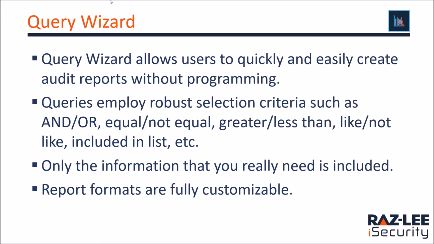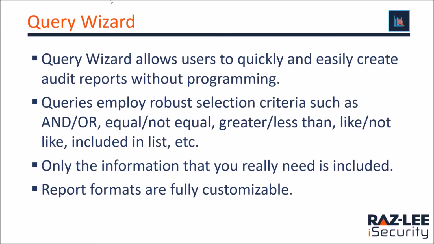And there is a tool inside the Audit called Query Wizard. Okay, Query Wizard is a tool to make the reports. The advantage is that you don't have to do any coding, so you can get all the reports that you want without programming.